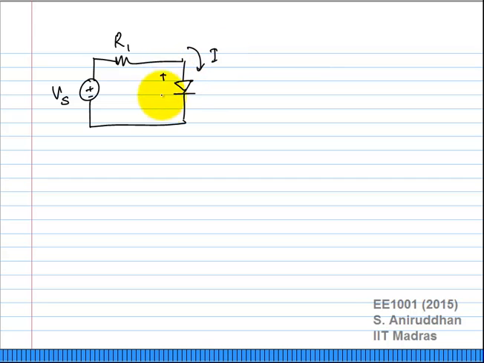Now suppose I go back to my original circuit, and I put in this diode, and I want to find out what the network state is, as in I want to know what I is, what the voltage across R1 is, what the voltage across the diode is, and so on. How would you solve this?